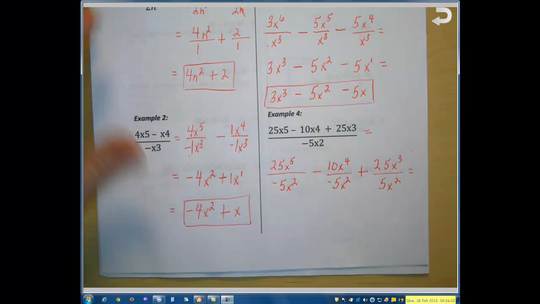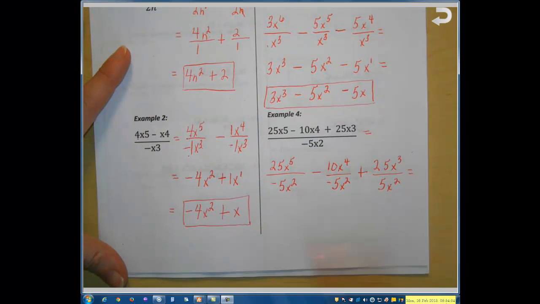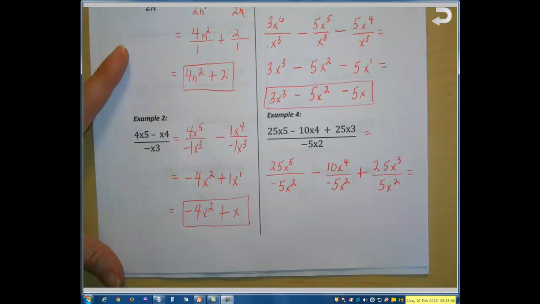So remember, in each step you should be simplifying coefficients and then subtracting exponents. Be careful of the positives and negatives. Pause the video, find your answer, and then play to check.